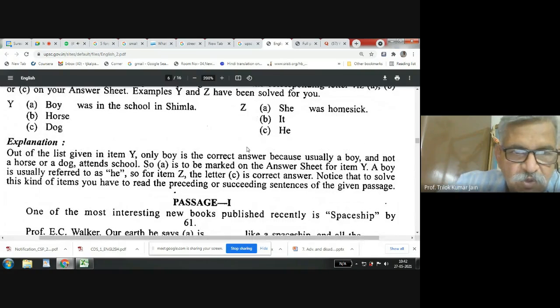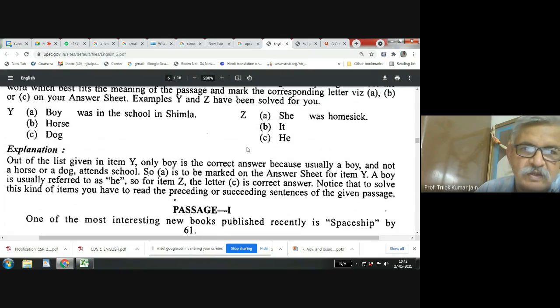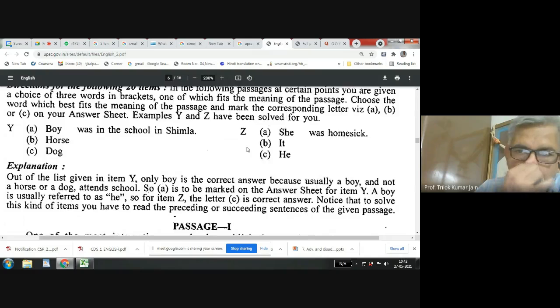A is boy. Boy dash dash was in the school in Shimla. This is a solved exercise anyway.